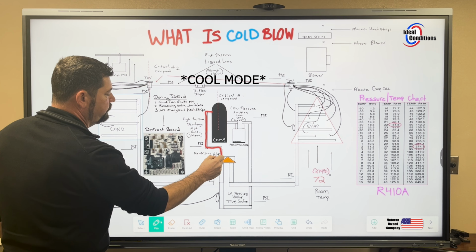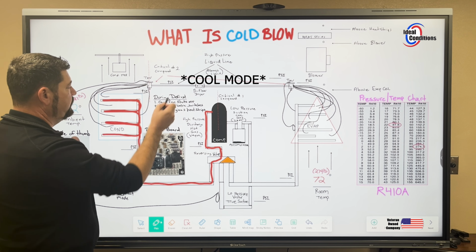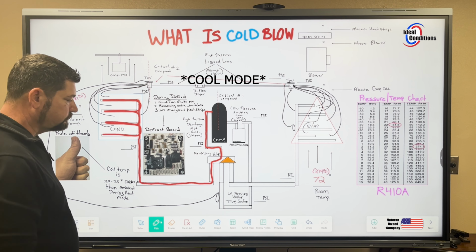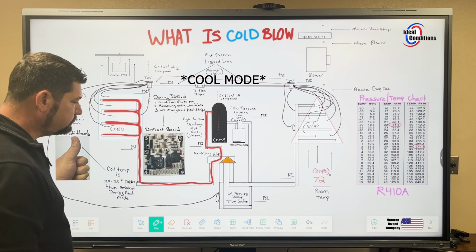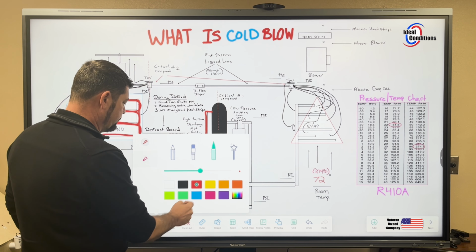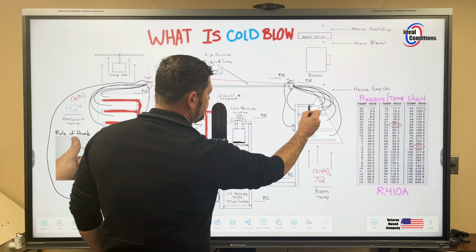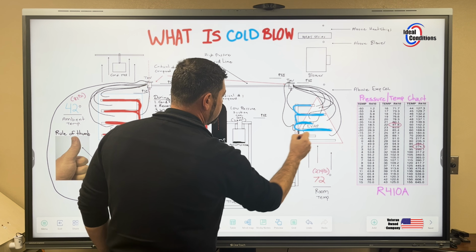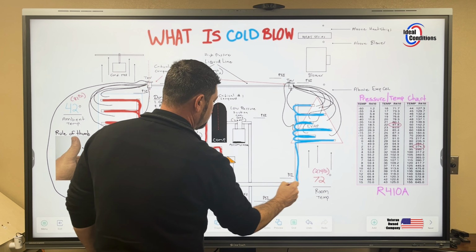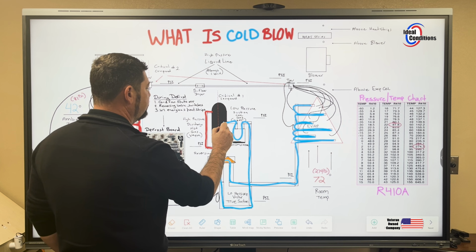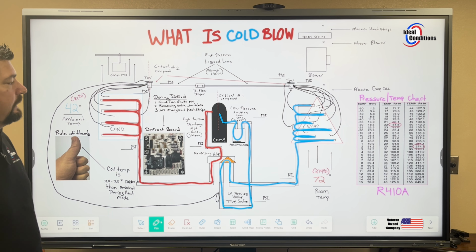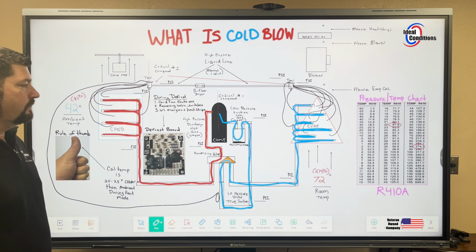It's going to fill up. It's going to condense, and we're going to come back through the TXV in a liquid state. And that would actually be cool mode. That will not be heat mode. So to finish this off in cool mode, we're going to return back in a low pressure, go through the reversing valve, come up through the accumulator and into the compressor, and we're going to pick up heat of compression, which will give us back our high pressure.